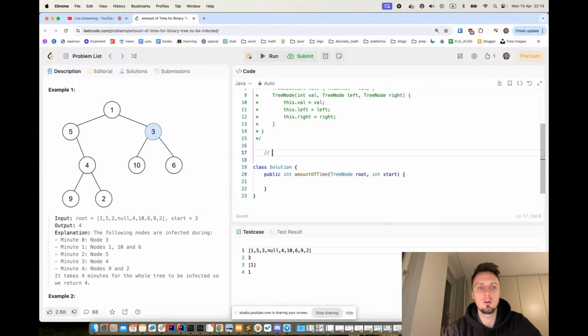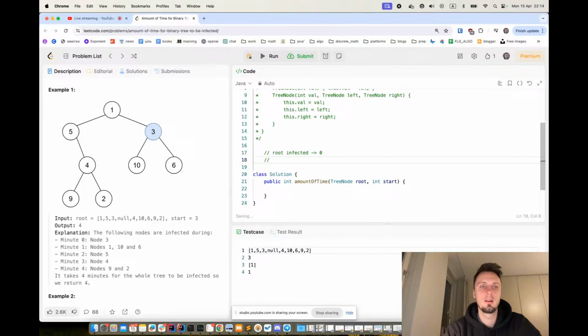And we always have an infected node, right? So let's take a look. If our root is infected, then the output would be 0.